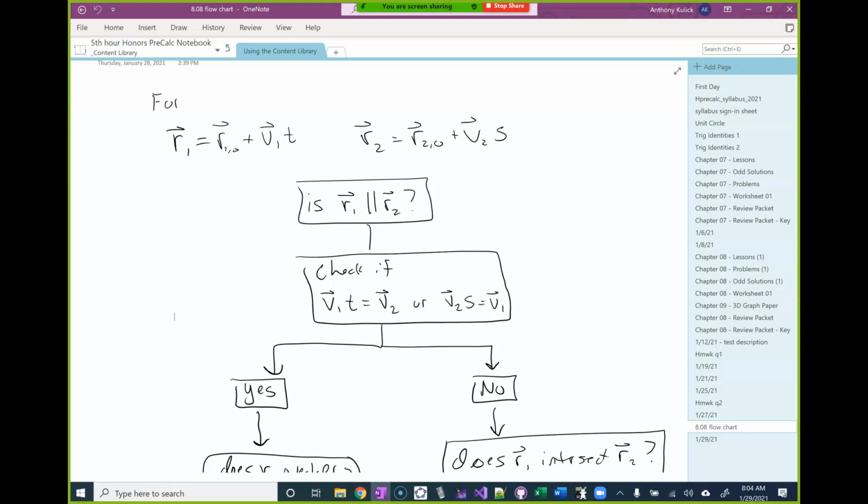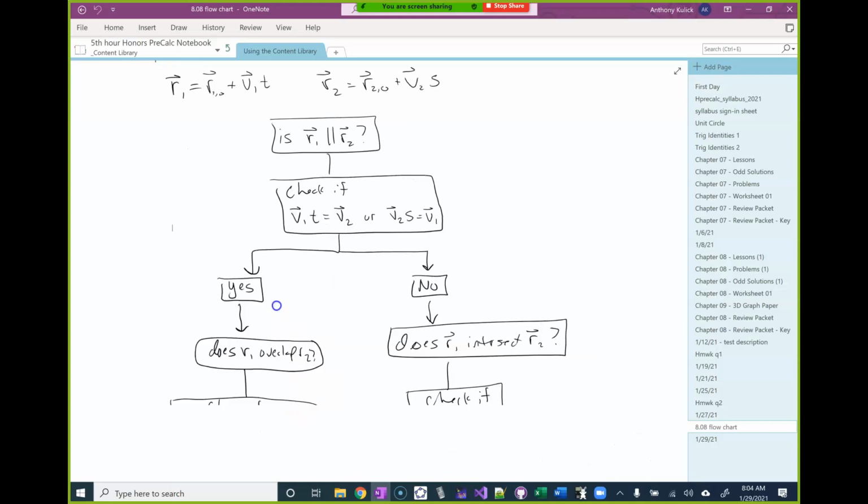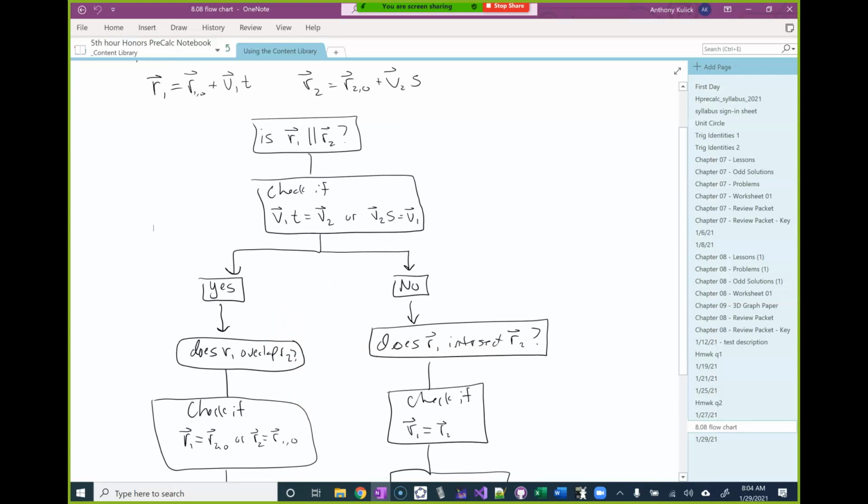So what I've done here is I've written out a flow chart to sift through this. If we're given 2 vector equations for a line, what do we want to check first, and how do we check it? So the first thing you'd want to do is check to see if the 2 lines are parallel. To do that, you take the direction component of one and see if it's equal to the direction vector of the other. And it doesn't matter which one you do.